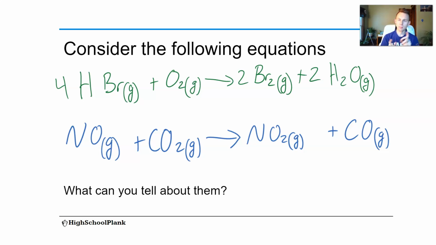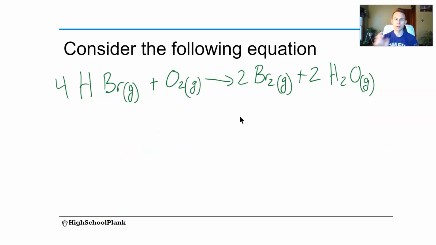But now what I want you to do is I want you to consider this. So consider just the first equation. And what I want you to think about is, how does this reaction occur? How does this reaction actually go about happening?